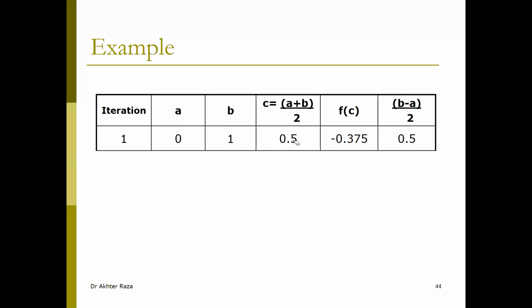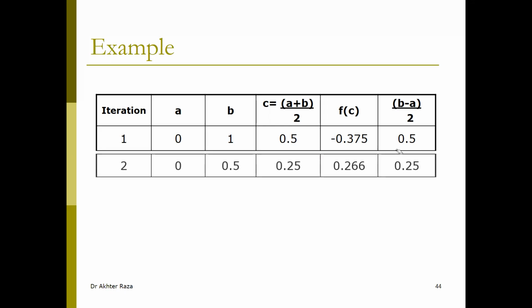The midpoint is 0.5, FC is calculated, and the error is calculated. Now we can see that the next interval is 0 and 0.5. We started with 0 and 1, and the root exists within 0 and 0.5.